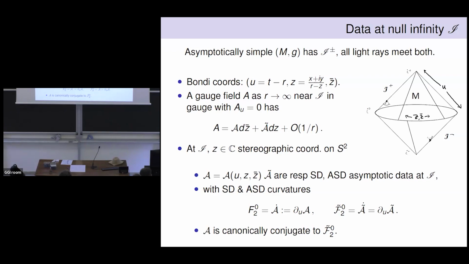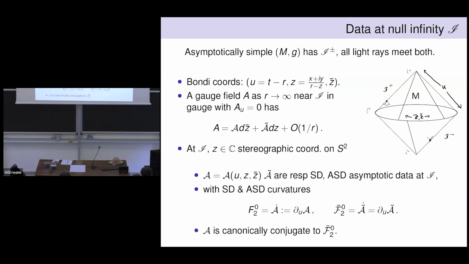So if you set up your usual Bondi coordinates, with a retarded time u and a Riemann sphere parameter z on the sphere at infinity, first of all we go into some sort of Bondi-like gauge where the vector potential for the Yang-Mills field has vanishing u components, and then it splits into what are well known to be the self-dual and anti-self-dual parts. The self-dual being, perhaps slightly counterintuitively, the anti-holomorphic part, and ASD the other way around.